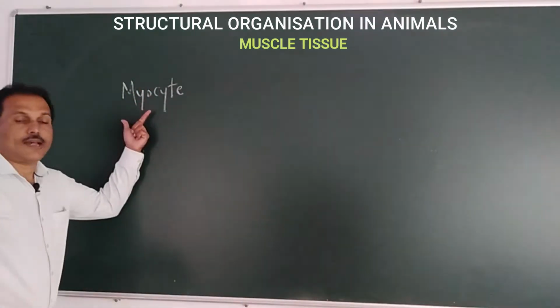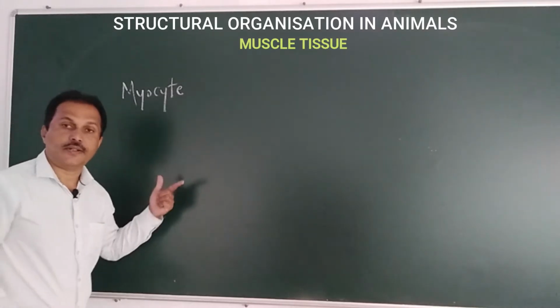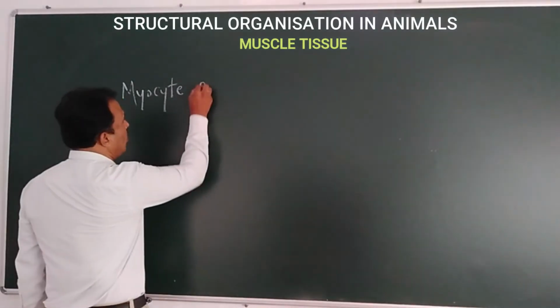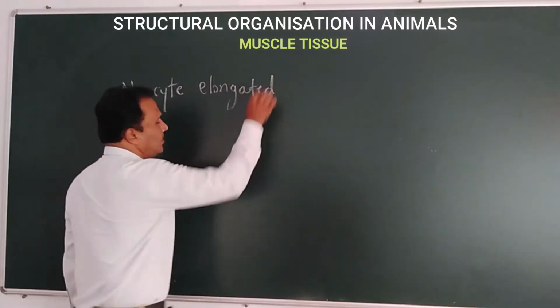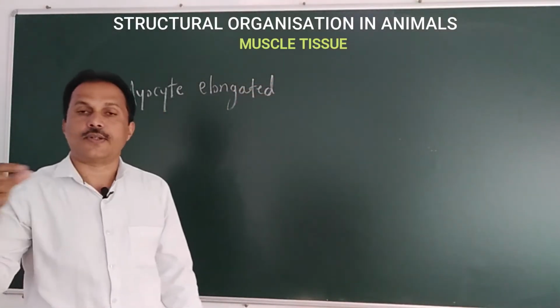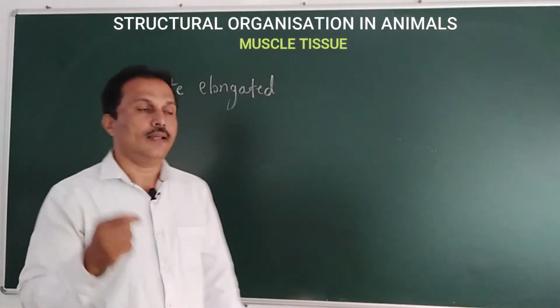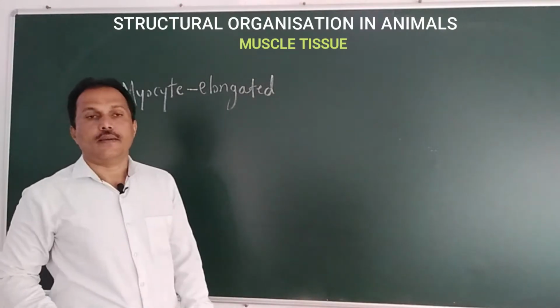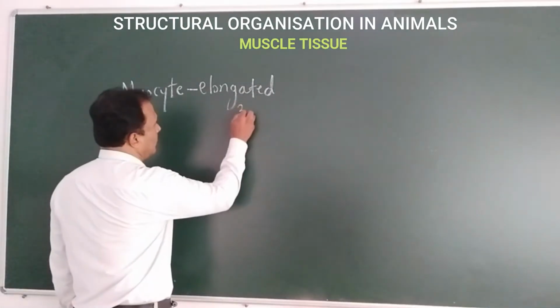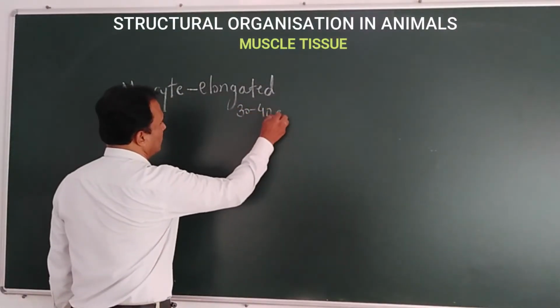These myocytes which make the muscle tissue are elongated in shape. They are very elongated structures. I am talking about the muscle cell, that is the myocyte. It is elongated in nature. Many times it appears as 30 to 40 centimeters long.